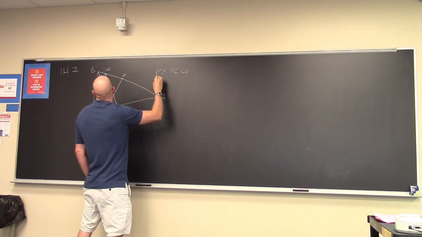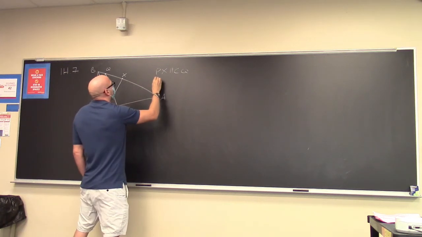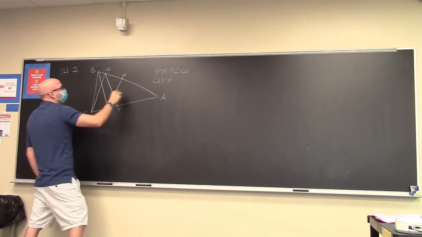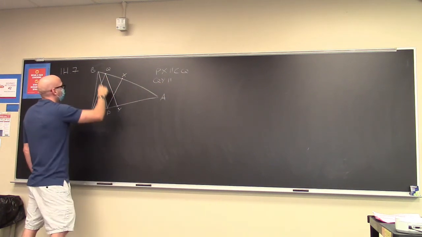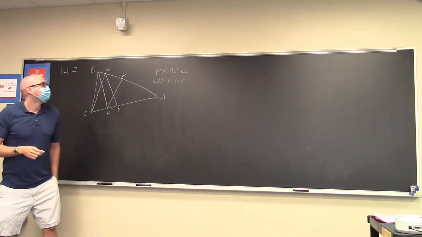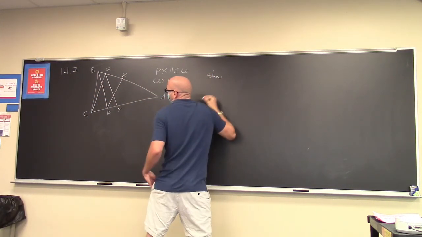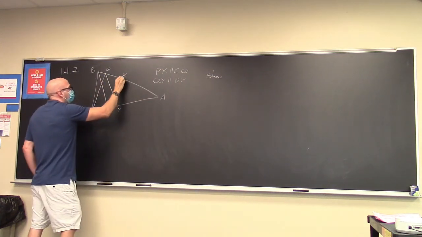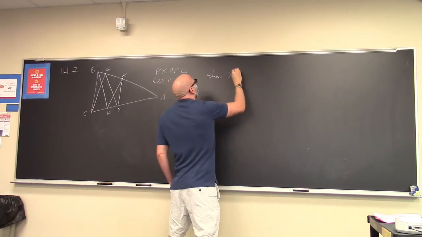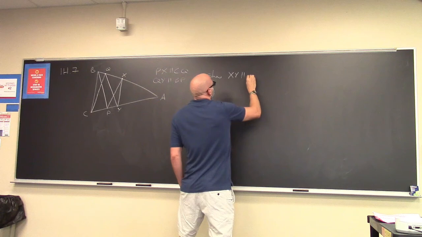Okay, so let's call this Y. So QY is drawn to be parallel to BP. And what you want to do is show that XY is parallel to BC.